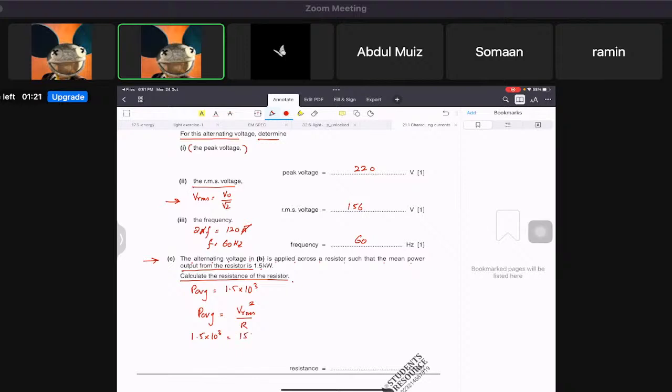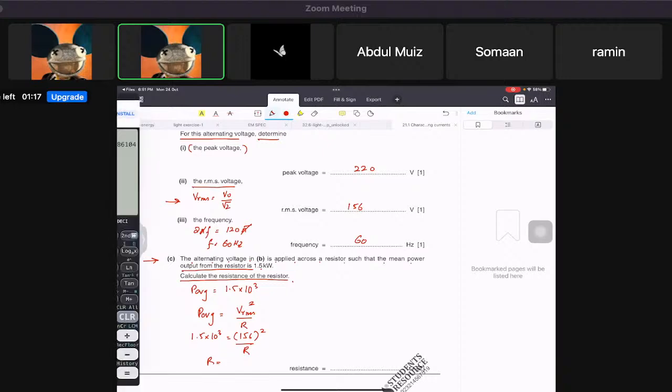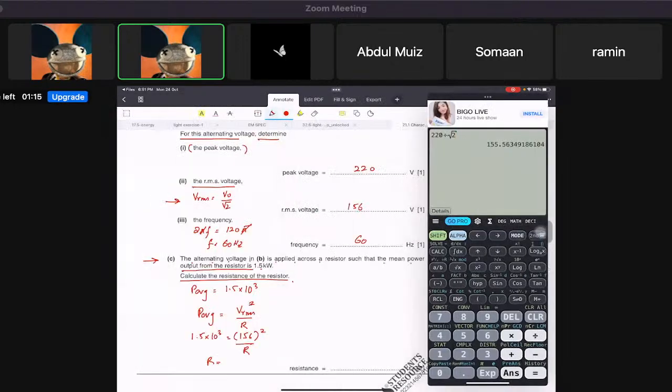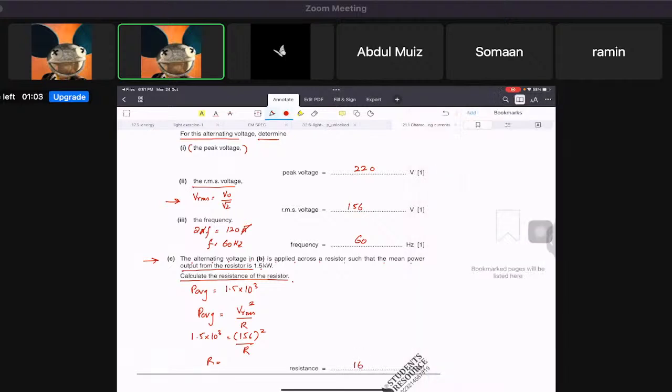RMS 156 whole squared and R. So what you get is 156 squared divided by 1.5 times 10 raised to the power 3. So that's going to be 16 ohms. As simple as that. Do you guys like this chapter already or no?